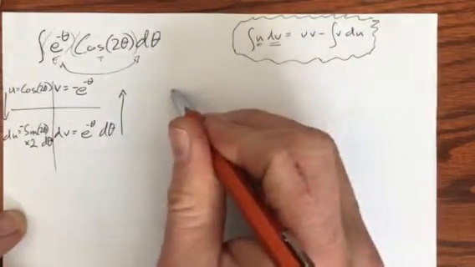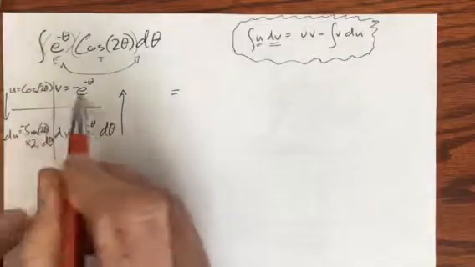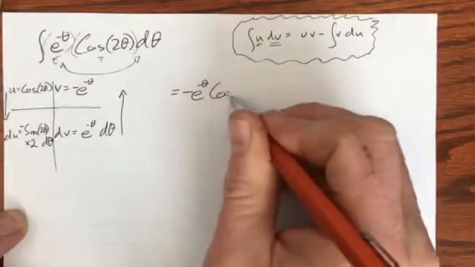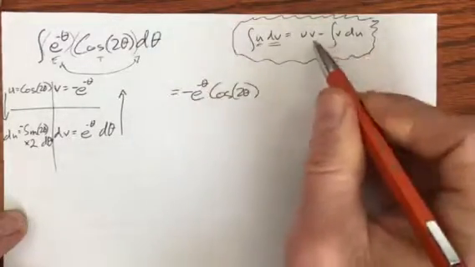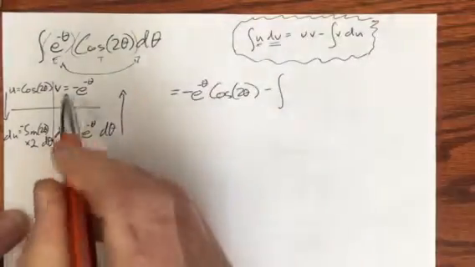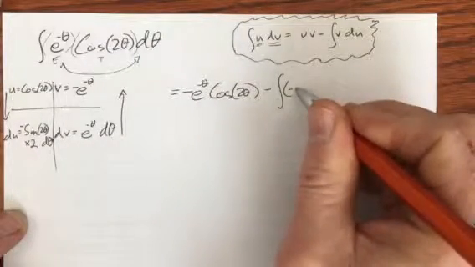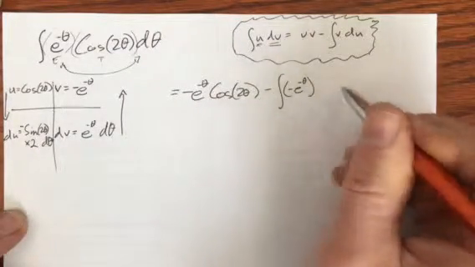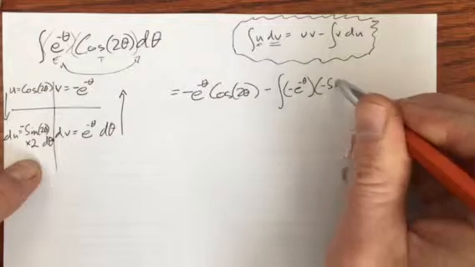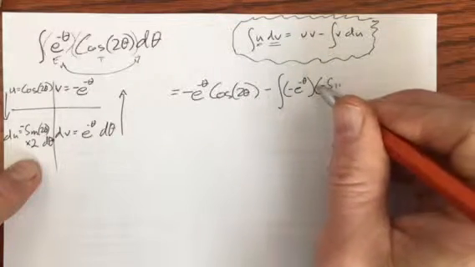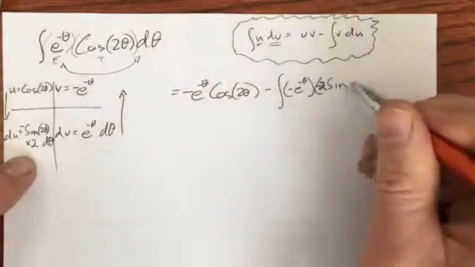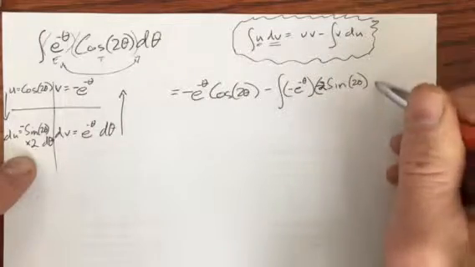This is going to be equal to u times v, so I'm just going to multiply these: minus e to the minus theta, cosine of 2 theta, and then minus the integral of v, with the du part having another minus sign and the 2 that I was multiplying into it: 2 sine of 2 theta d theta.